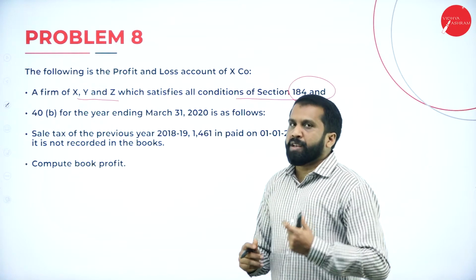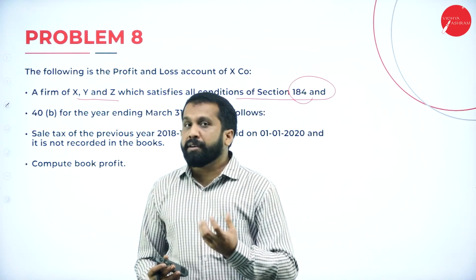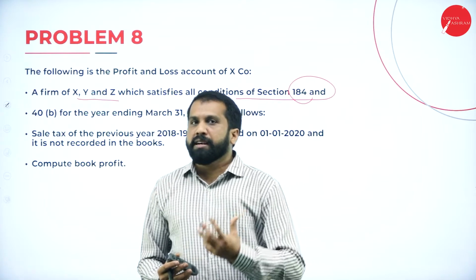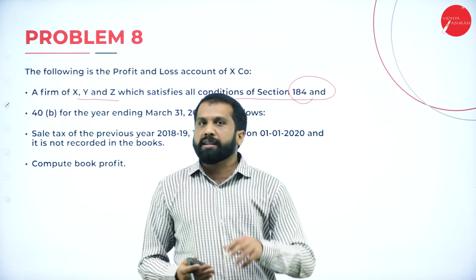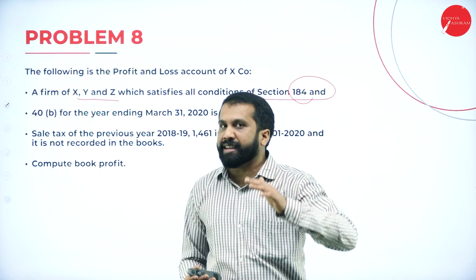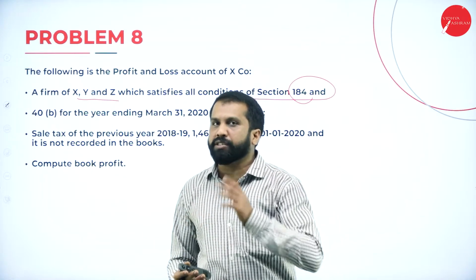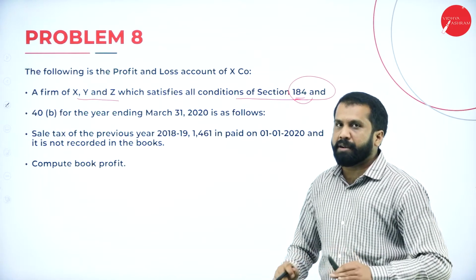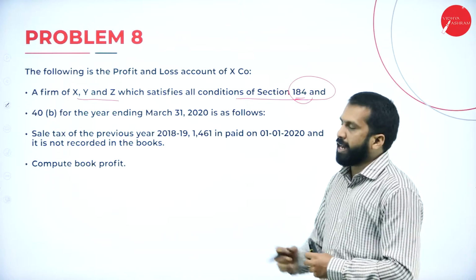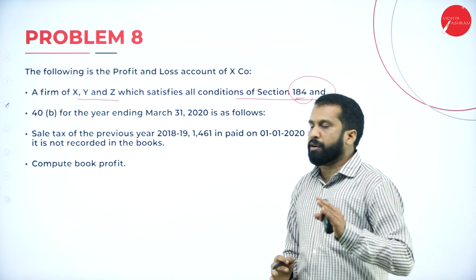Very simple. In the partnership, they must have agreed to share profit, they must have a partnership deed, and the contents required by section 184 must be there. It is immaterial; it is only mentioned in the question. Nothing to worry about that.